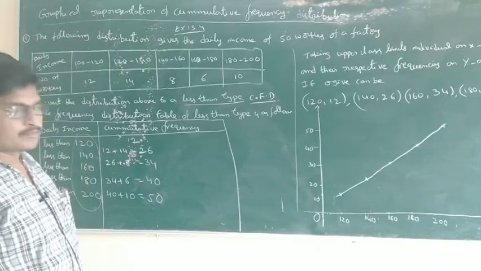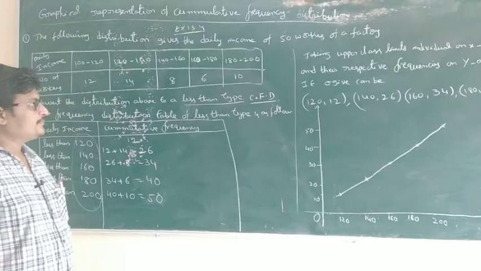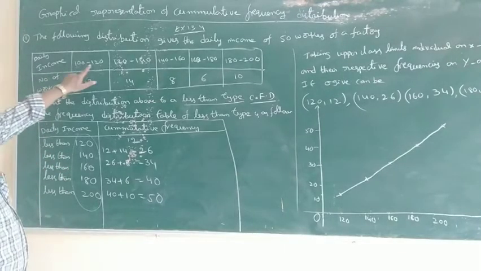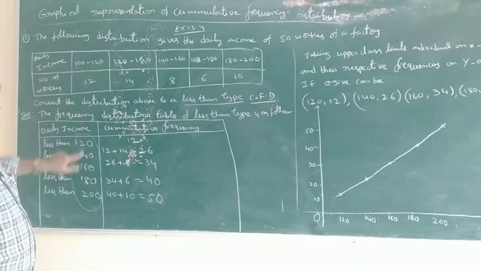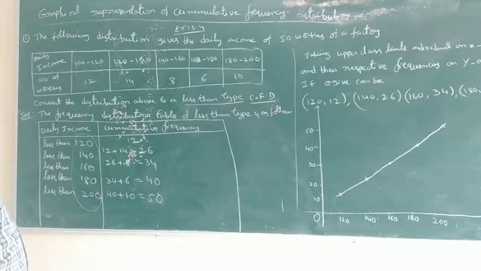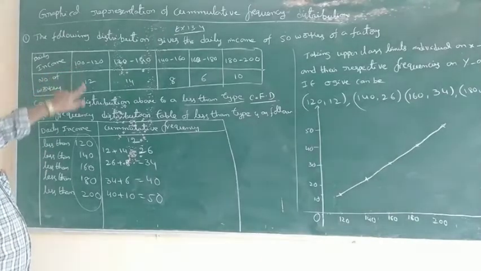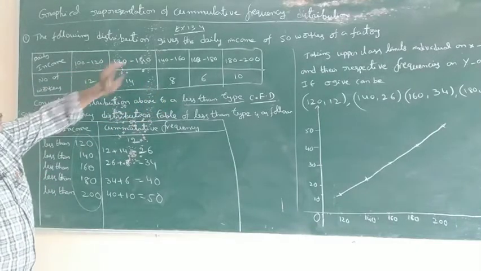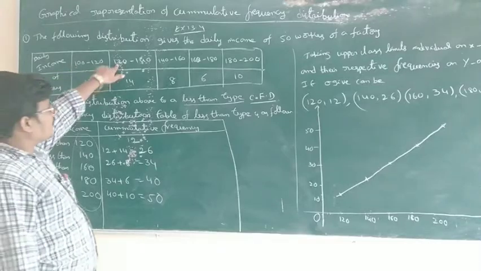Okay, clear? This is the graph. Less than type means less than 120, less than 140, and more than type means more than 100, more than 120, more than 140.